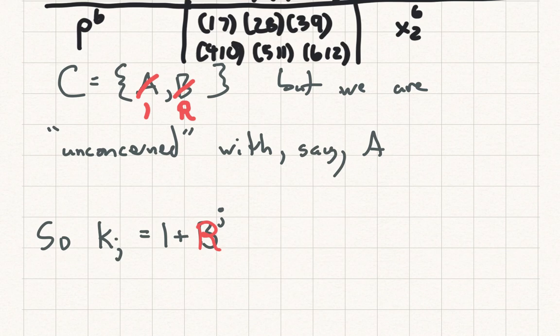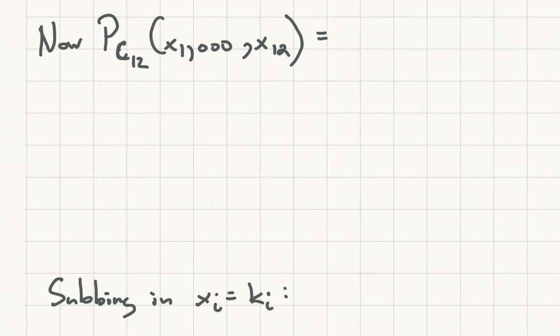So next, let's write down our P_C12 on our 12 element set and go from there. So we know this is going to be, maybe I'll write this in blue, 1 over 12, the size of the group, times each of the cycle types represented by the x's added together.